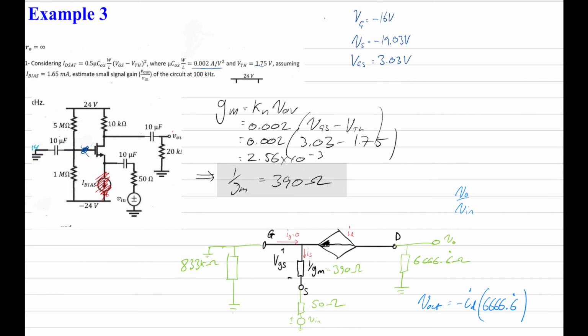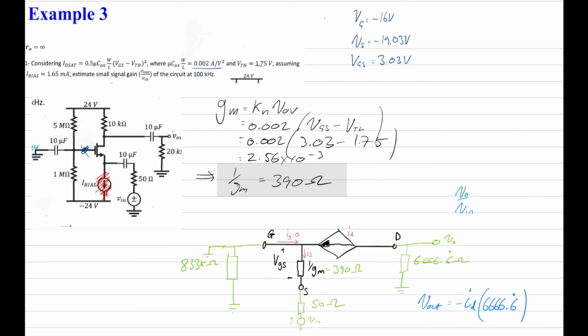So we could say, and we've also got to take into account the direction as well of the current. So if we look at the source over here, remember the current is moving away from the source, and it's going to ground like this. So the current is actually flowing this way, but the voltage is actually this way. So there's going to be a negative relationship between the voltage and the current over here as well.